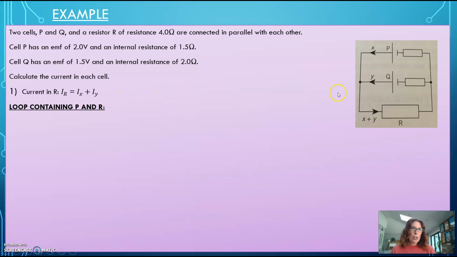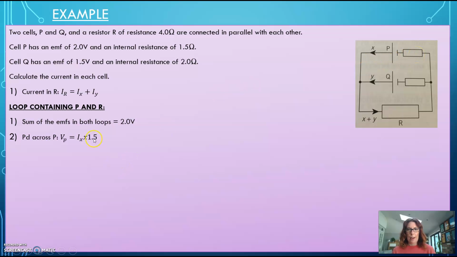Okay. So now we're going to look at the loop that contains P and R. So just this loop. Ignore Q for now. So if we look at just that loop, the sum of the EMFs in both the loops will be 2 because you've only got this one, P. The potential difference across P here, so how many lost volts you're going to have, will be the current, which is IX, times the resistance of this, which is 1.5 ohms, so it's internal resistance.